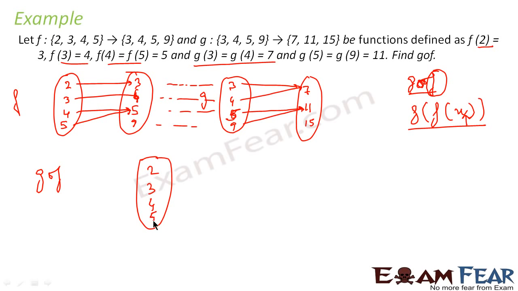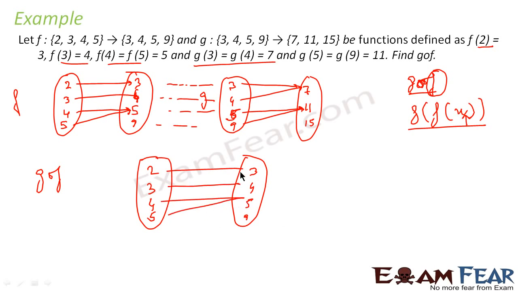So let's draw function f first: 3, 4, 5. So 2 to 3, 3 to 4, and both 4 and 5 to 5. Now this input is x actually, and this output becomes f of x.